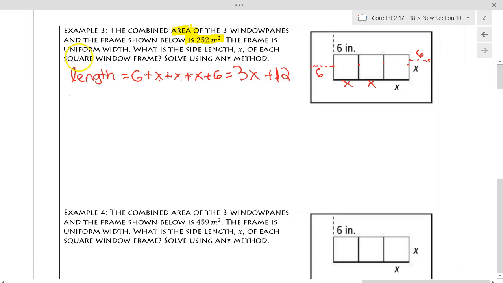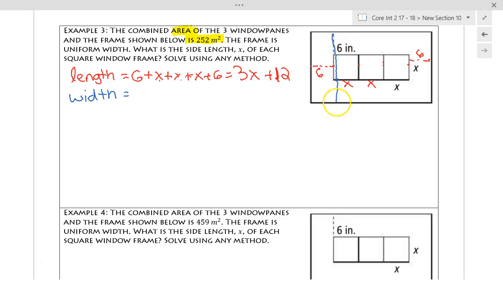For my width, same type of thing. Right? I pass through 6, I have an X, and then I pass through another 6. So that's 6 plus X plus 6, which is X plus 12.